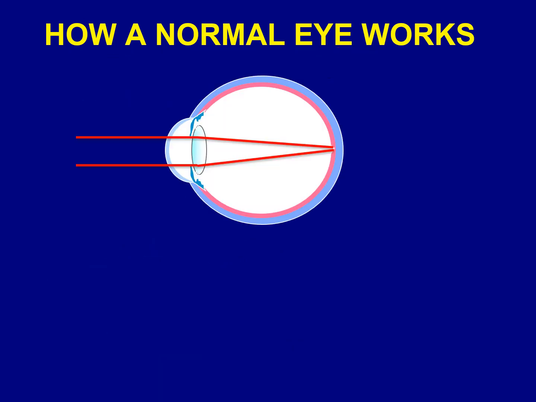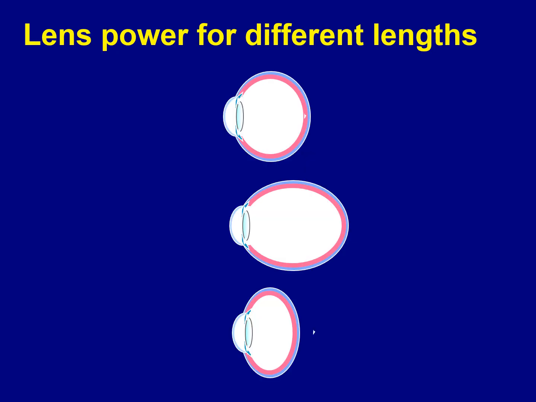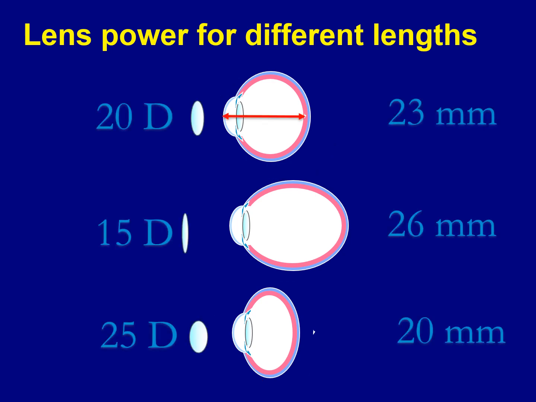Now, this is the eye, and the light is converged onto the macula. Here we have three eyes. The first eye is a normal length, the second one is slightly longer than normal, and the third one is shorter than normal. In the first one, we normally need a 20 diopter lens to focus the light onto the macula.